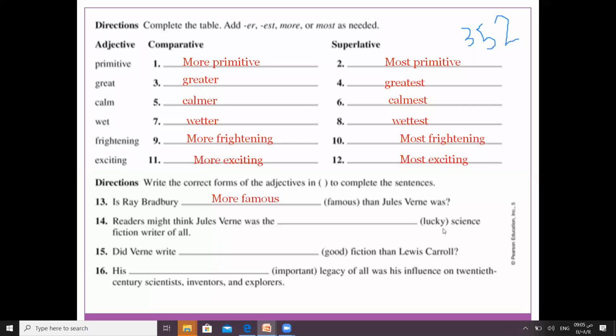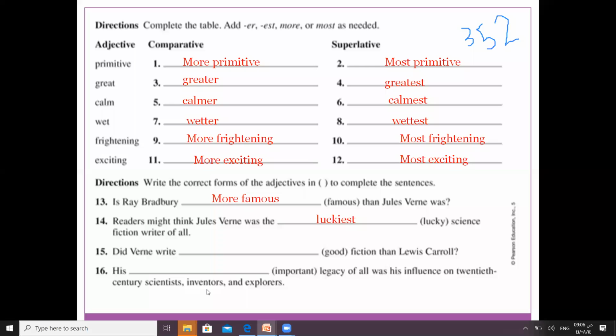We will change the Y to I because we have two syllables and the second syllable ends with Y before a consonant. So lucky becomes luckiest, with EST and I.